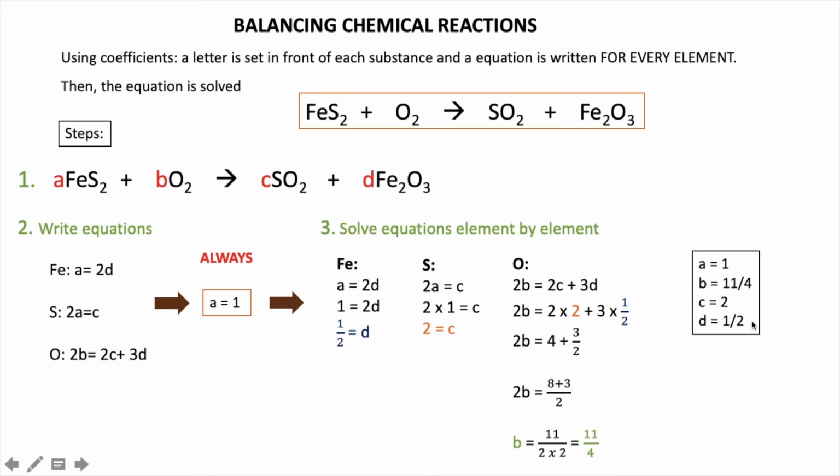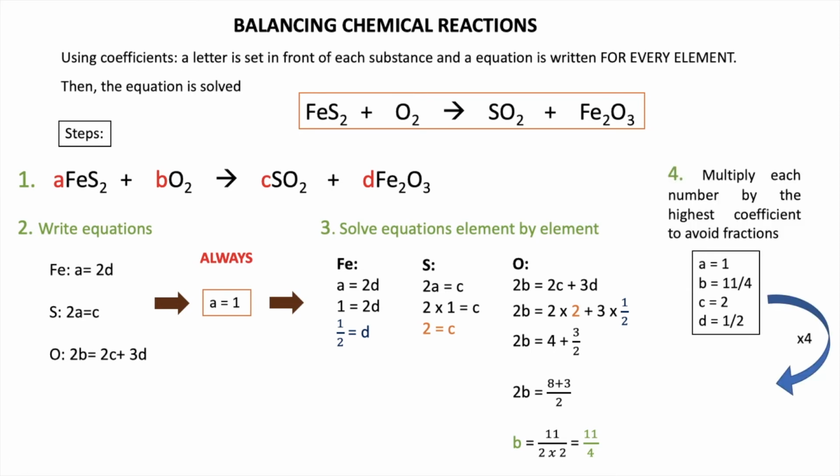But what happened? We don't want any fractions. How can we eliminate all the fractions here? Multiplying each letter by the highest denominator to avoid fractions. In this case, what is the highest denominator in the fractions? 4 or 2? 4.